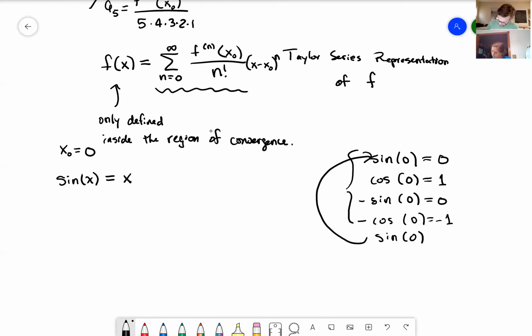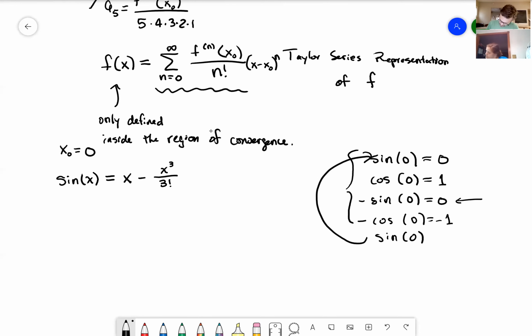Now a2 will be 0 divided by 2 factorial, so that's 0. And the next one will be 1 divided by 3 factorial, which of course is 3 times 2, so 6, times x cubed.